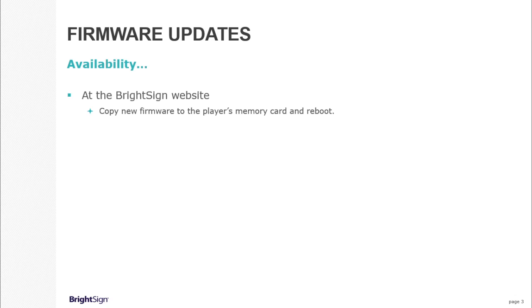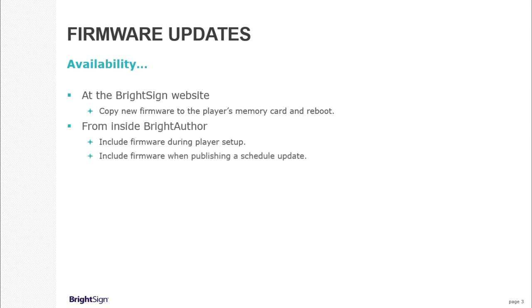However, when players are remote, hard to access, spread around the world, and you're publishing them via network methods, then you can specify a firmware update from inside BrightAuthor, either during player setup or when a new project or schedule is published. Both of these are very convenient ways to update a player that's at some distance. It's in a remote location. You can simply specify the firmware version at the time of publish. So let me show you how these are accomplished.